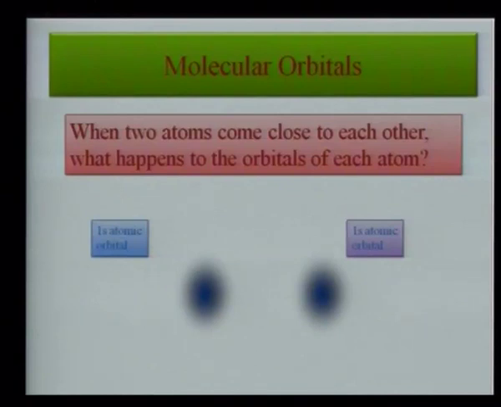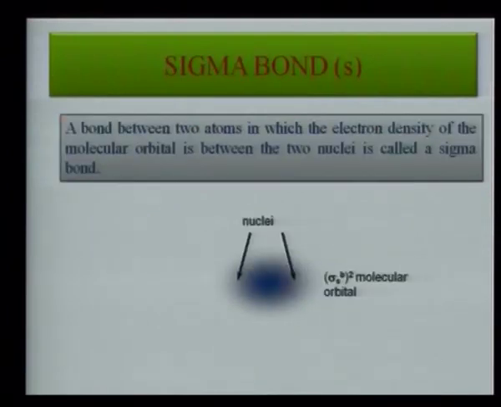So, I will give you a little bit about molecular orbitals. When 2 atoms come close to each other, what happens to the orbitals of each atom? You are very well aware, the 1s orbital of one hydrogen and that of another hydrogen overlap to form a bonding molecular orbital. A bond between 2 atoms in which the electron density of the molecular orbital is between the 2 nuclei is called a sigma bond.